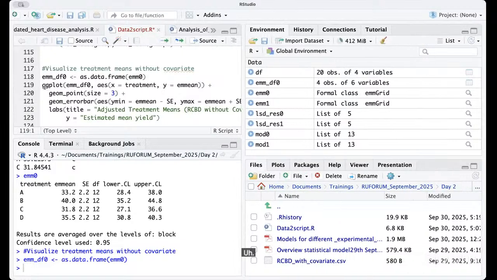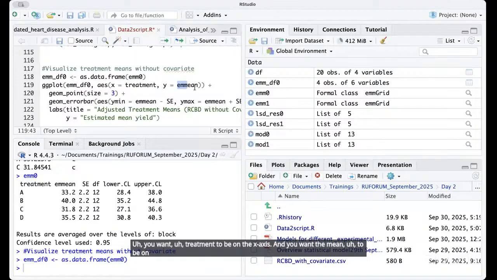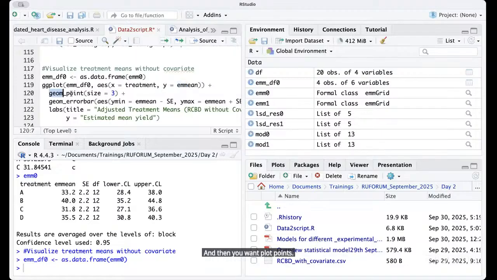After that, we are going to use ggplot like what we did yesterday. So this then becomes our data set. You want treatment to be on the x-axis, and you want the mean to be on the y-axis, and then you want plot points, and then on the point you want to add the error bar, and then you want to level. So we can run this.